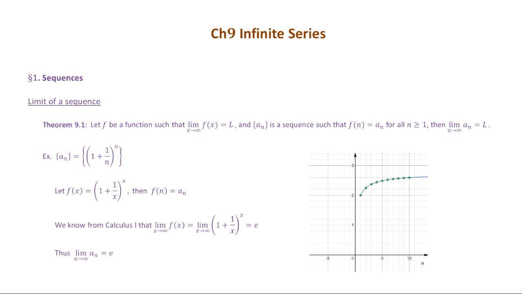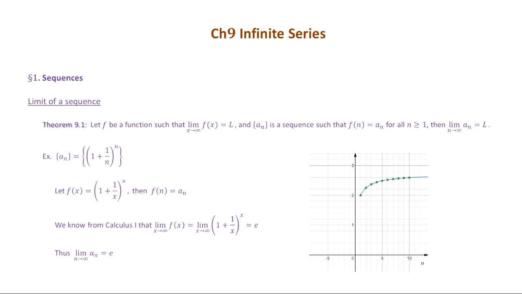And we know from Calculus 1 that the limit of this function f as x approaches infinity is e. The limit of (1 plus 1 over x) to the x power is e when x approaches infinity. And the numeric value for the number e is 2.71828, and so on.